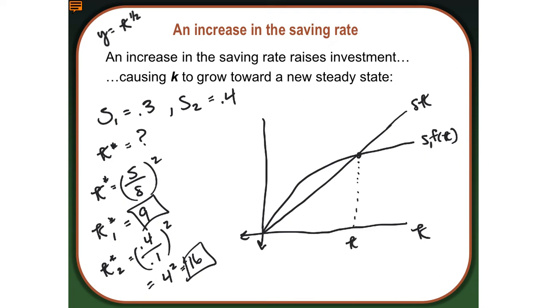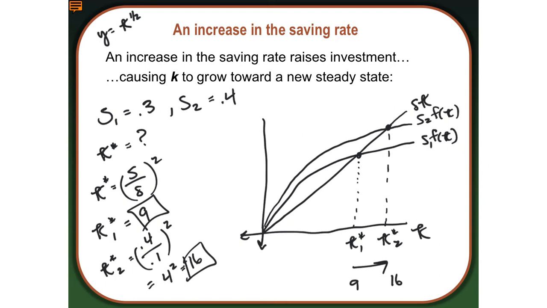Here's our initial K star 1, and so with a higher savings rate, this investment function is going to shift up like this. So this is S2 times F of K. And we see that this increases, right? So this was 9 and this was 16. So the diagram, the algebra, this should all match up and it should all make intuitive sense.